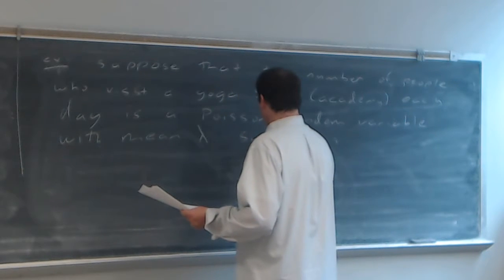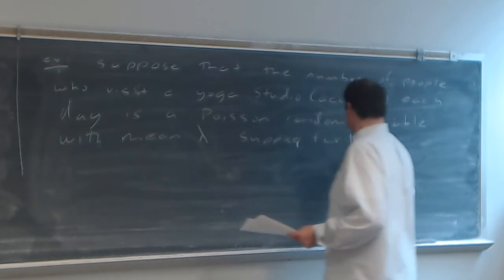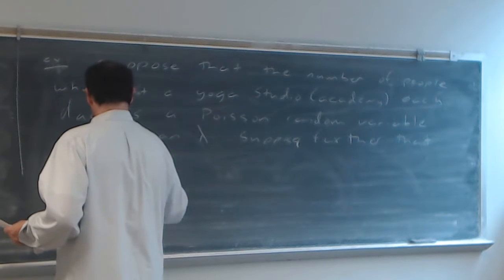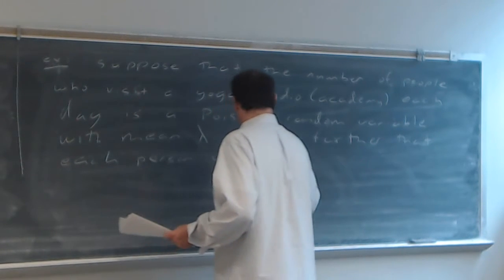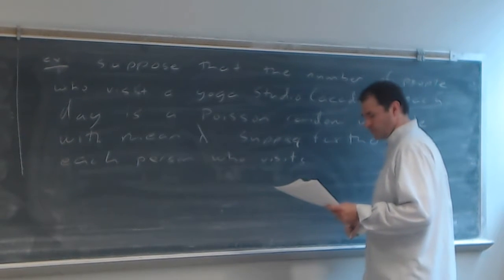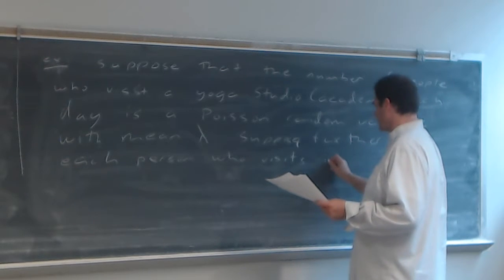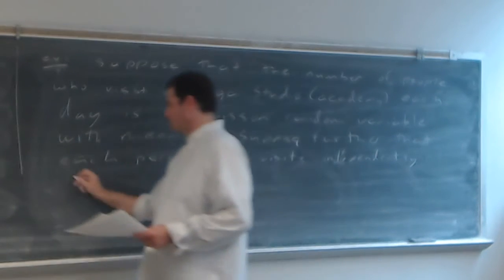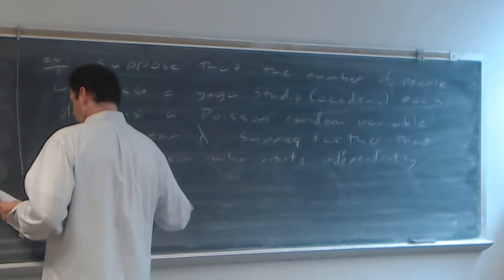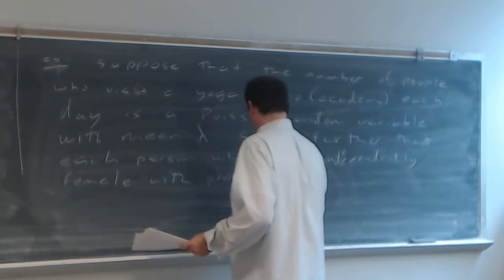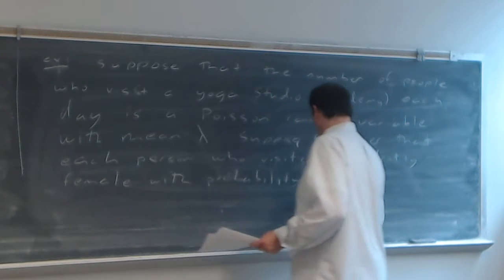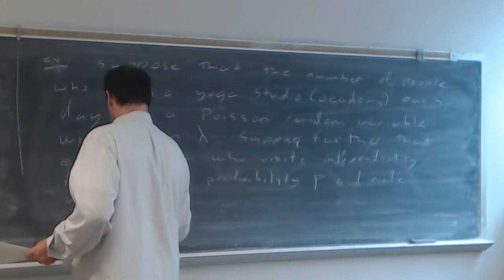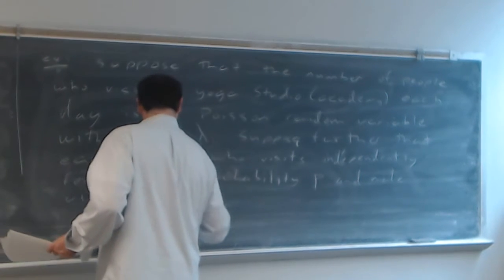Suppose further that each person who visits is independently female with probability p, and male with probability 1 minus p.